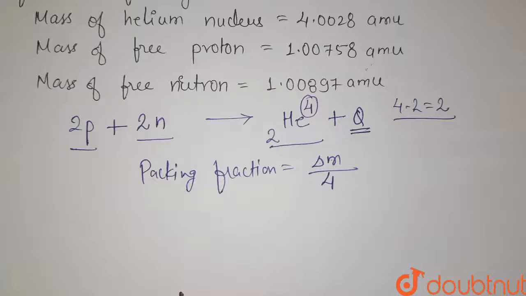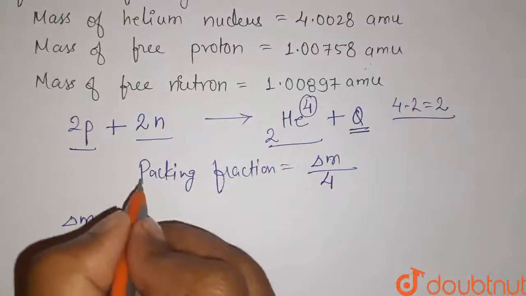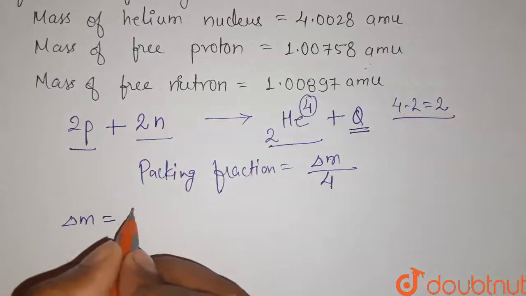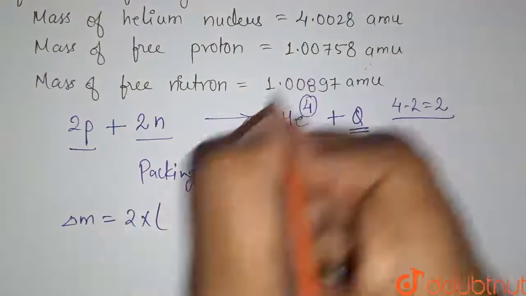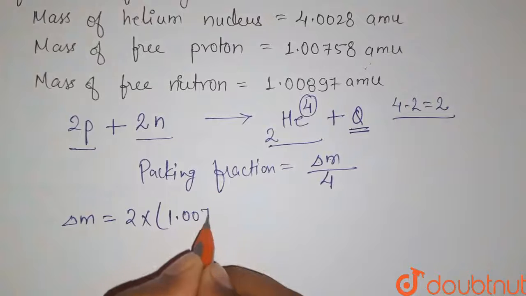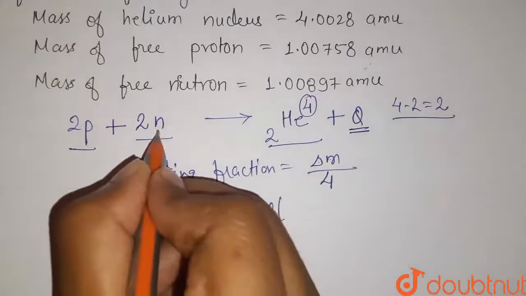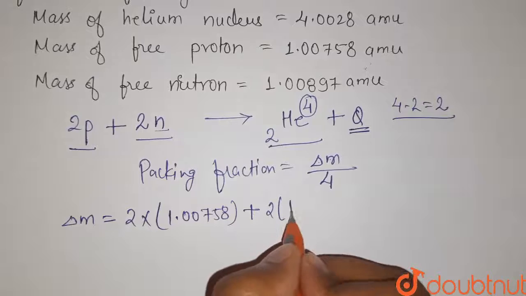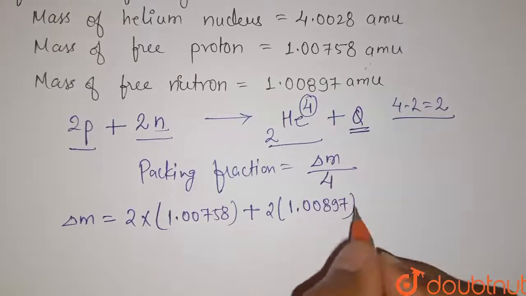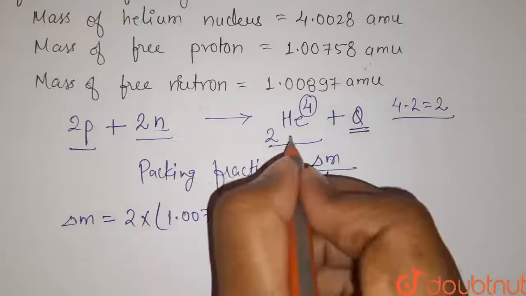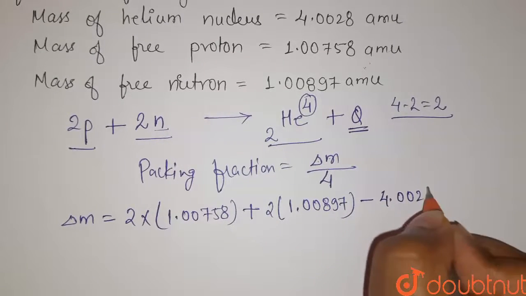So delta m, that is mass defect, is given by the mass of reactants minus the mass of product. Here the mass of reactants will be 2 into mass of proton, which is given here as 1.00758, plus 2 into mass of neutron, which is given as 1.00897, minus the mass of product, that is helium, which is 4.0028.